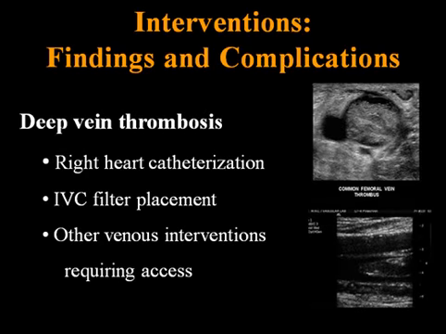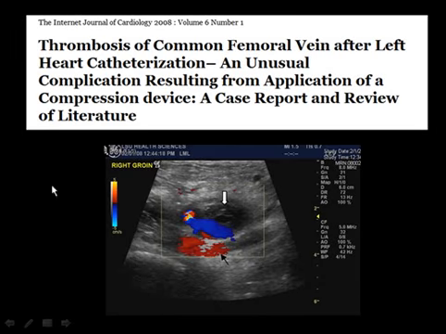Let's talk a little bit about some of the venous complications that one might experience. Deep vein thrombosis is a complication that can occur in patients who have right heart catheterization. Occasionally we'll see this in patients after undergoing IVC filter placement or some of the other various venous interventions that require access into the venous or arterial system.